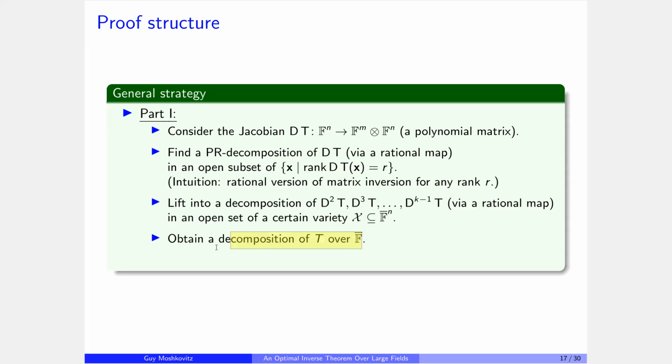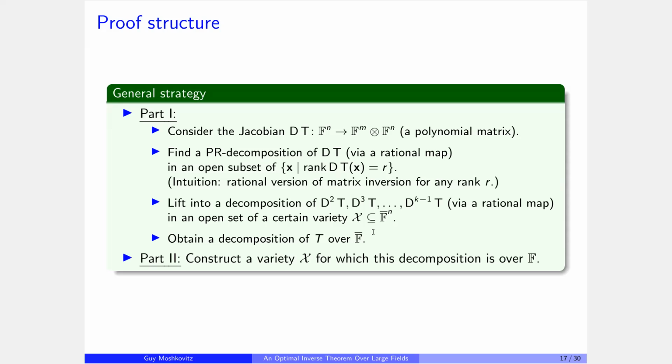And so this would mean that the decomposition that we get has coefficients in the algebraic closure, which is not satisfactory, right? Because partition rank is a notion that talks about decompositions in our ground field. So this is not enough, but it's something. So this is where part one ends, where we get a partition rank decomposition for any tensor, hopefully a smallish partition rank decomposition, but it's over the algebraic closure.